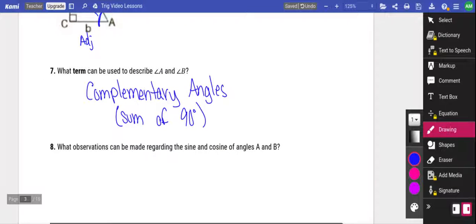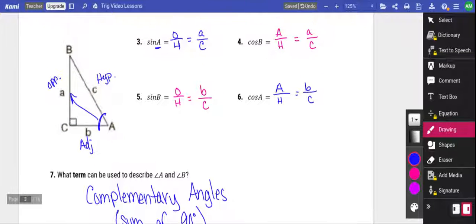What observations can you make regarding the sine and cosine of angles A and B?